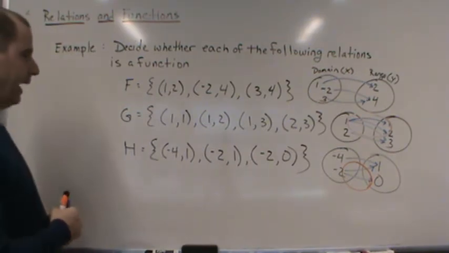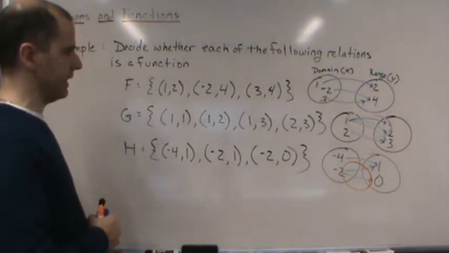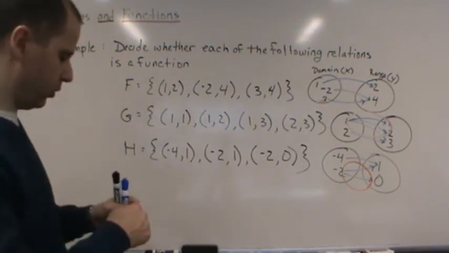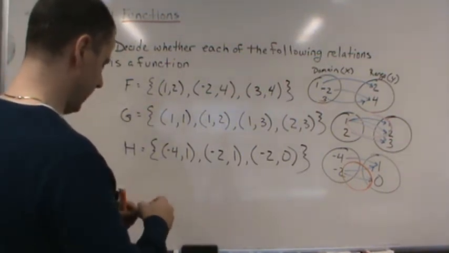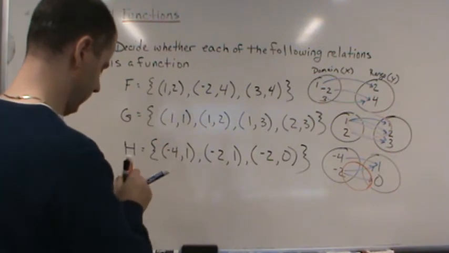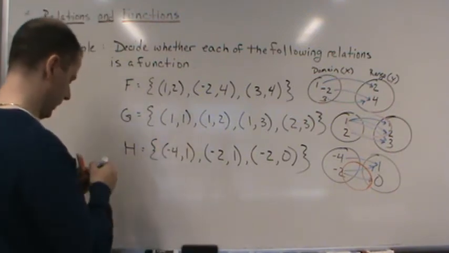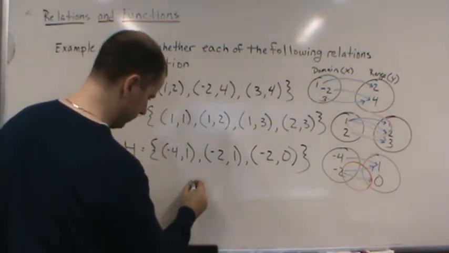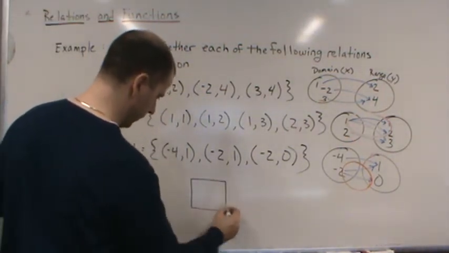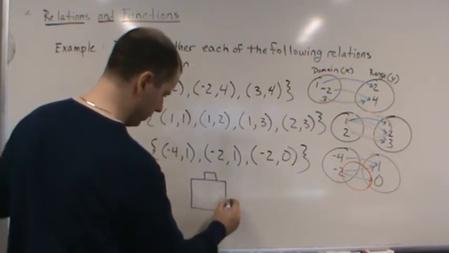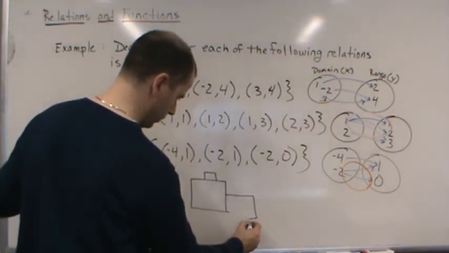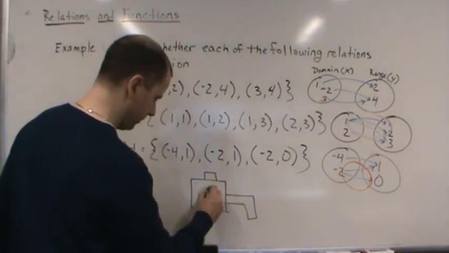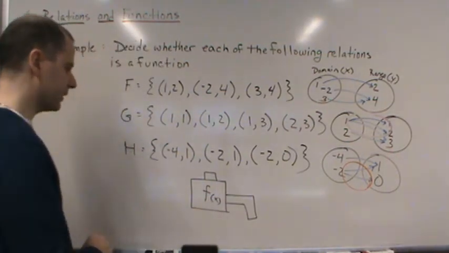Okay? Now another way to look at a function to see that this is how a function needs to operate is this way. So what I can do is I'm going to look at a function as like a machine. So I'll call my function machine. And so this is my function of x.